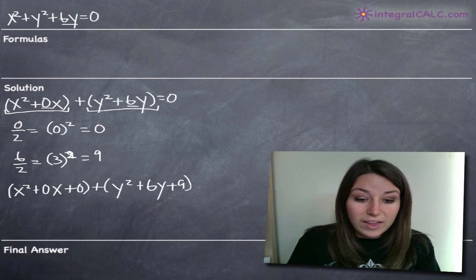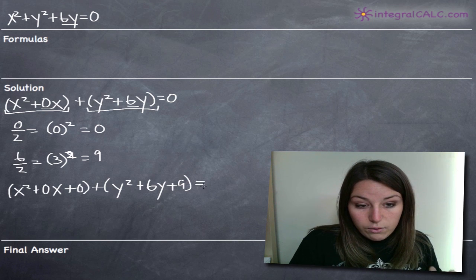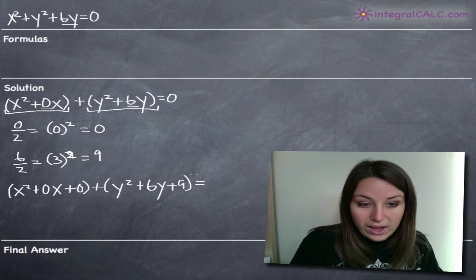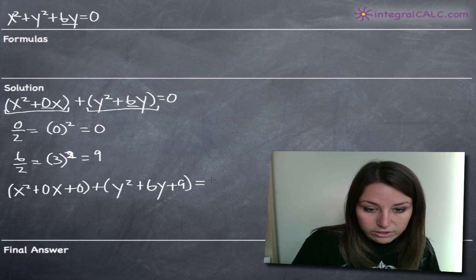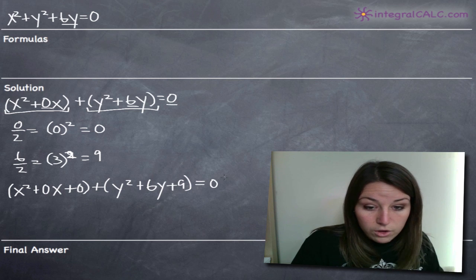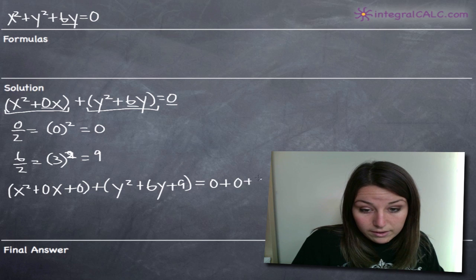We can't just add these to the left-hand side without any consequences. If we don't want to change the equation at a fundamental level, which we don't, we have to add them to both sides so that the equation is still valid and true. We had 0 on the right side before. We have to add to that what we just added to the left side, which was 0 and 9.